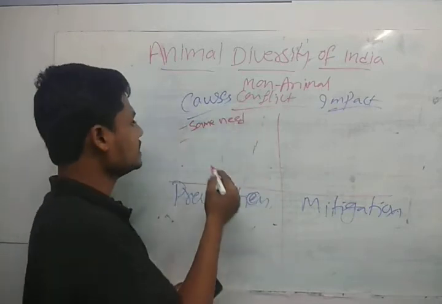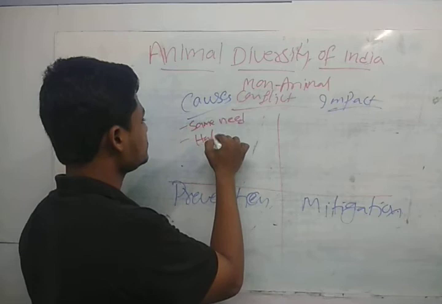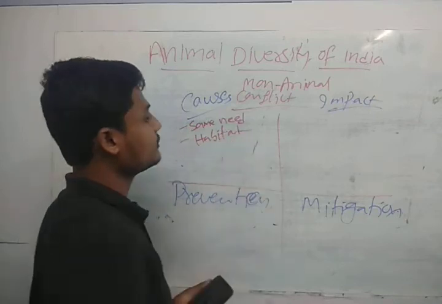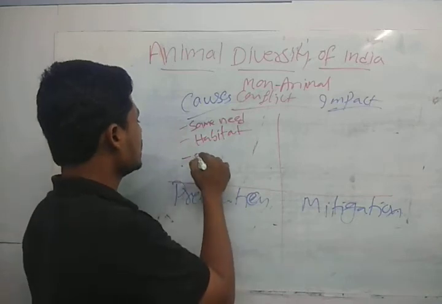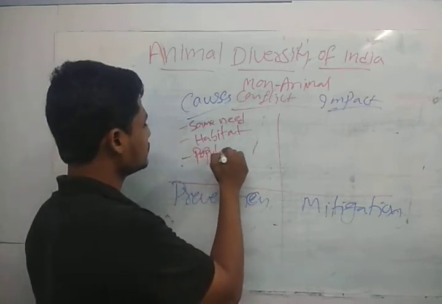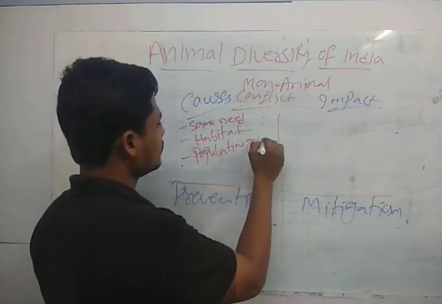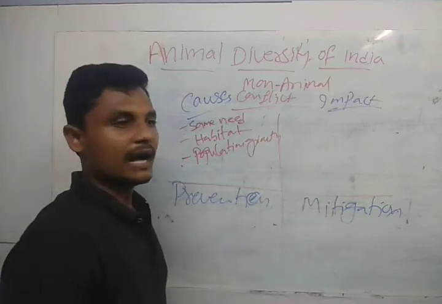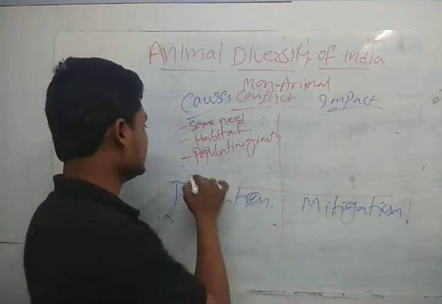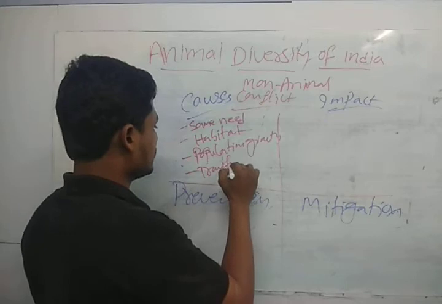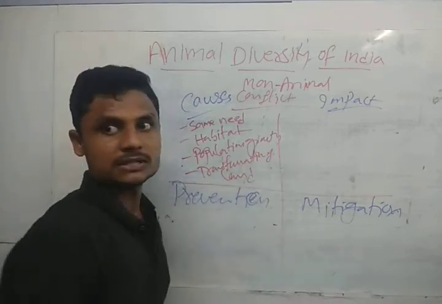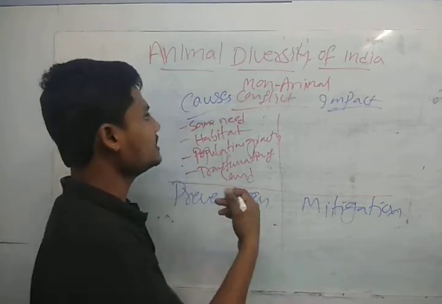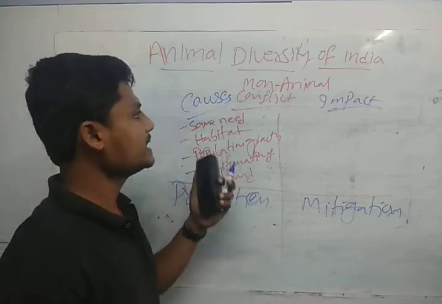After that, the causes include habitat, for the animals and for the population, population growth rate, and the transformation of land for development purposes. Like this, we have many causes for the animal and man conflicts.